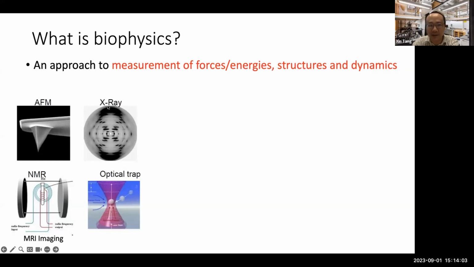It has smaller wavelengths than the light wavelengths. That's why it can be used to look at sub-nanoscale molecules and find out the X-ray scattering patterns. So this is a very useful method for molecular imaging.